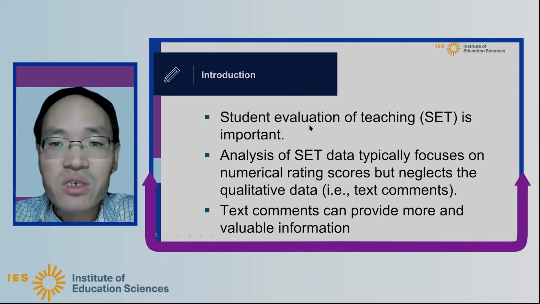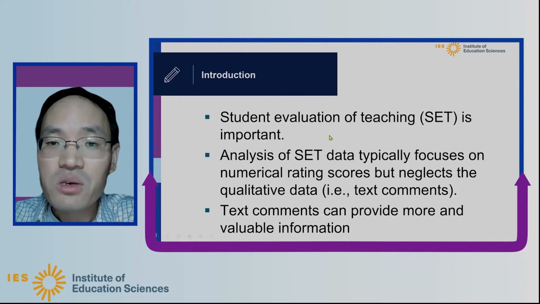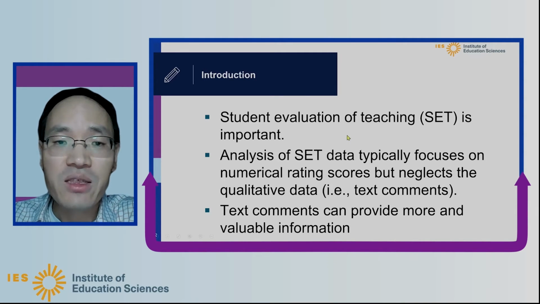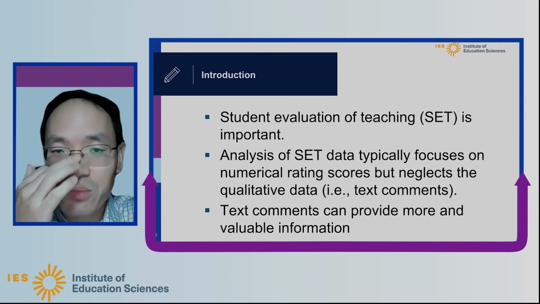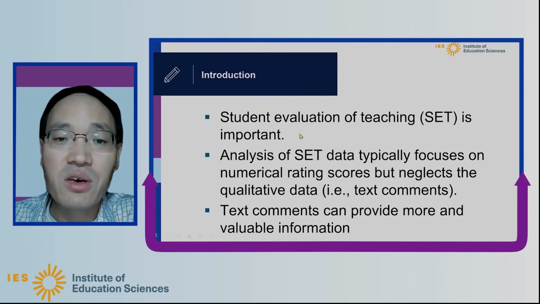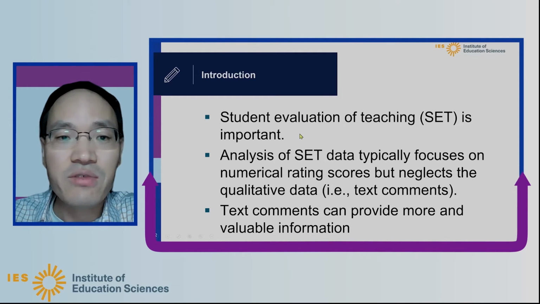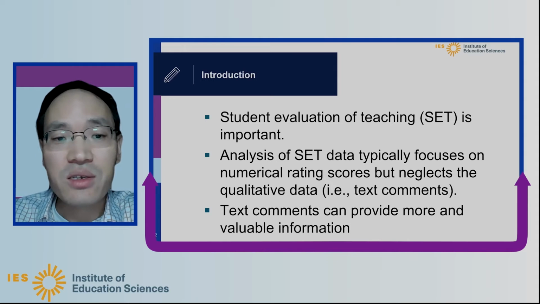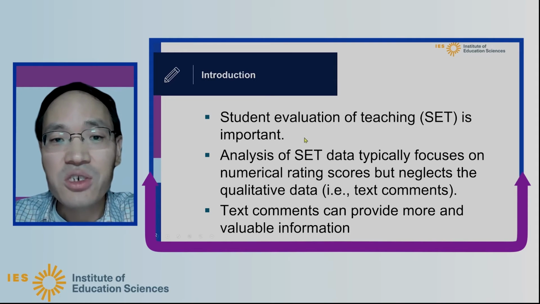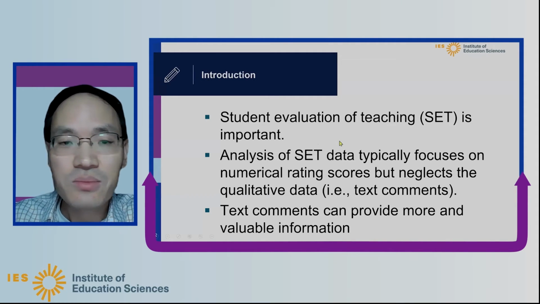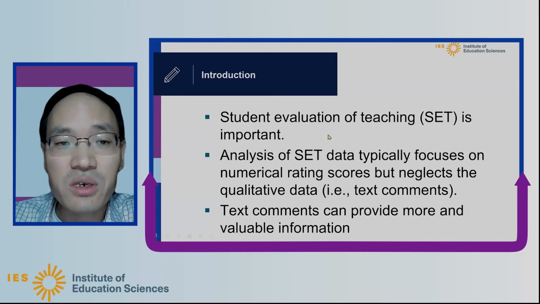During student evaluation of teaching, both quantitative and qualitative data are collected. For example, at Notre Dame, we have a question in the teaching evaluation survey that asks how effective an instructor is. So this kind of information is quantitative information.